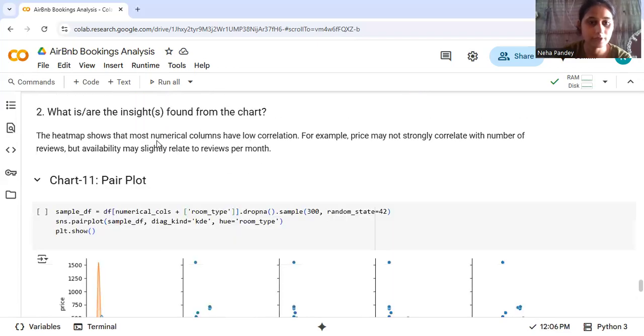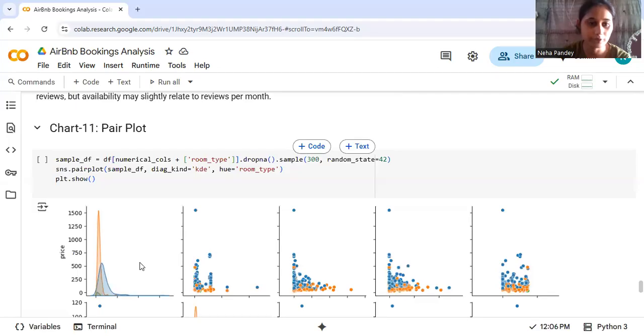The heat map shows that most numerical columns have low correlation. For example, price may not strongly correlate with number of reviews, but availability may slightly relate to reviews per month.